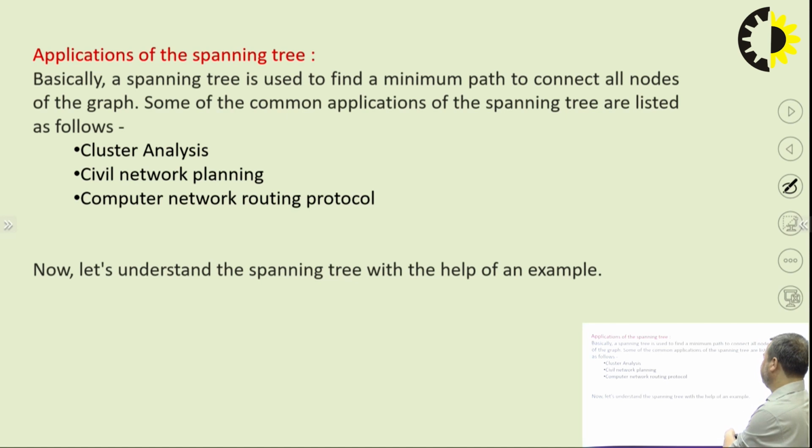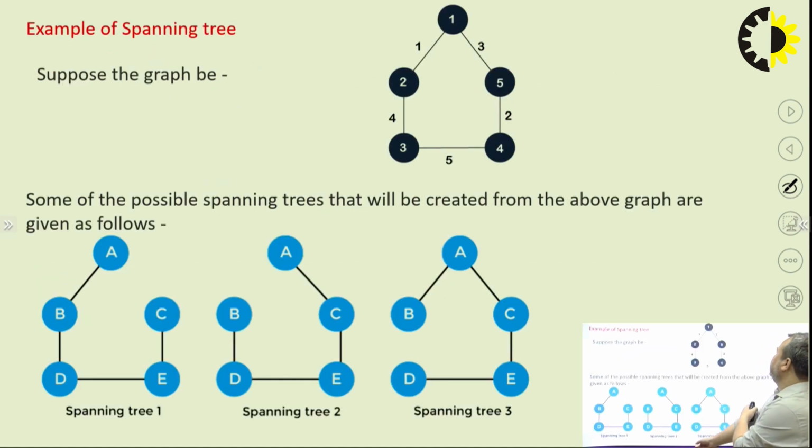So let's understand the spanning tree with an example. Suppose this is the graph, and we want to find the spanning tree. What do we need to ensure here? In this graph there are 5 vertices. A tree should be rooted and there should not be any loop or closed circle.